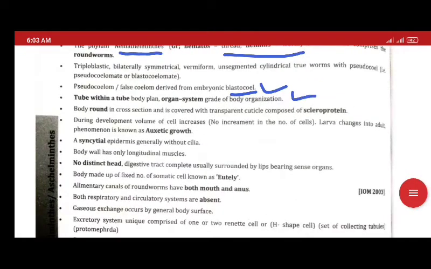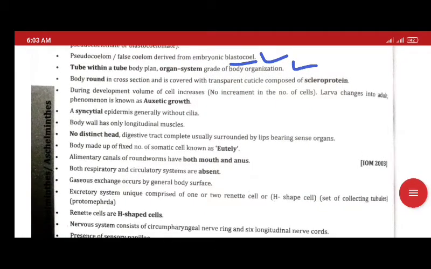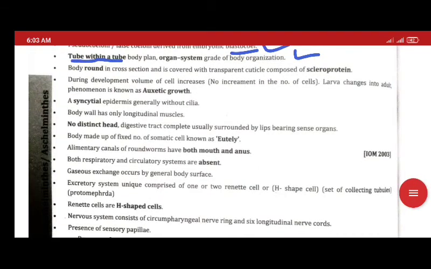Here also there is an organ system like Platyhelminthes, but the tube within tube body plan is new, because in the past we had the blind sac body plan.